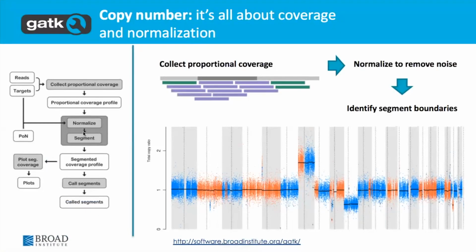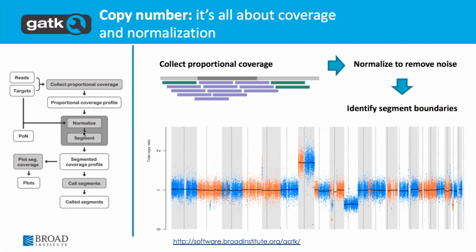Because if you think about it, when you're doing a sequencing experiment, if you have one copy of a particular region of the DNA, you expect to have, let's say, about 20, 30x coverage. So let's say 30 reads at any given position.